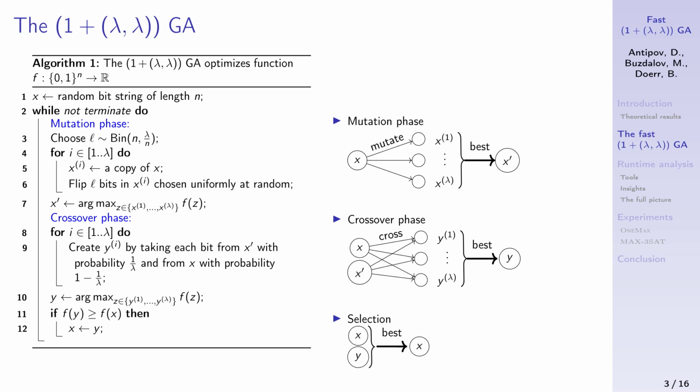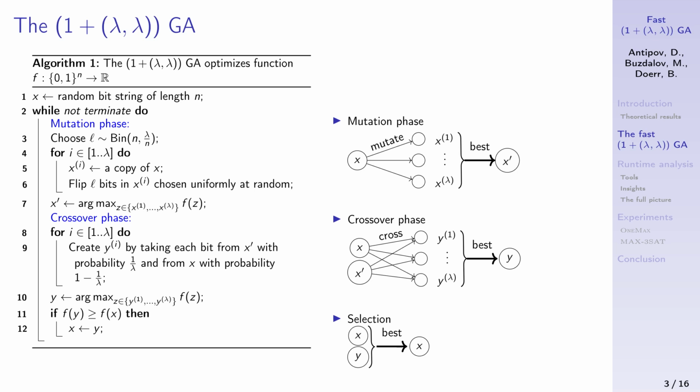In the mutation phase, it chooses some number ℓ from the binomial distribution with parameters n and λ/n, and then creates λ individuals by flipping exactly ℓ bits in the current individual. Then it chooses the best one as the winner of the mutation phase, x'. The idea behind this phase is to perform a standard bit mutation with rate λ/n, but conditional on all offspring having the same number of flipped bits.